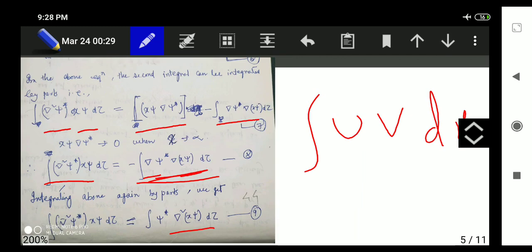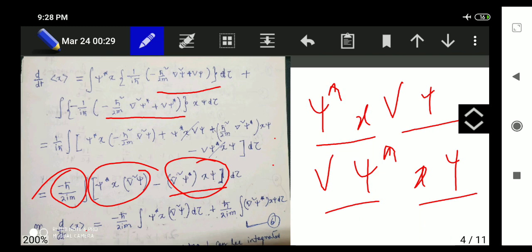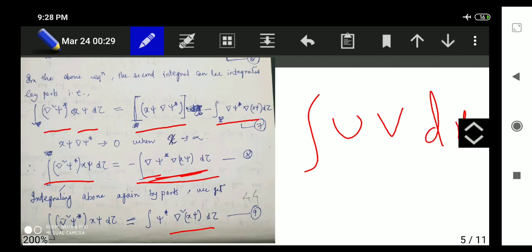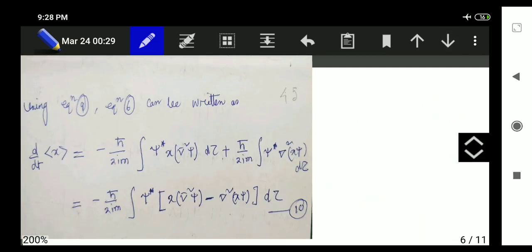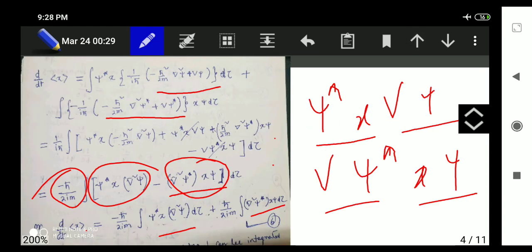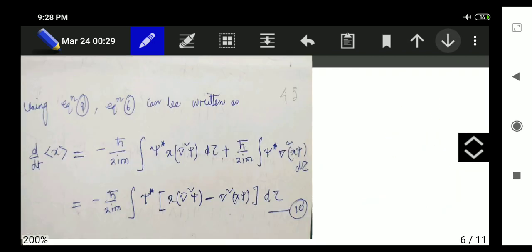In the next page we got the value for del 2 psi star x psi, this one. And similarly, if we get the value of this one, we can calculate this one as well. If you get the value of this one, you put the value here. The first term is this psi star x del 2 psi. So in equation 6, the first term is the same, we are not changing this one. And the second term, let us check.